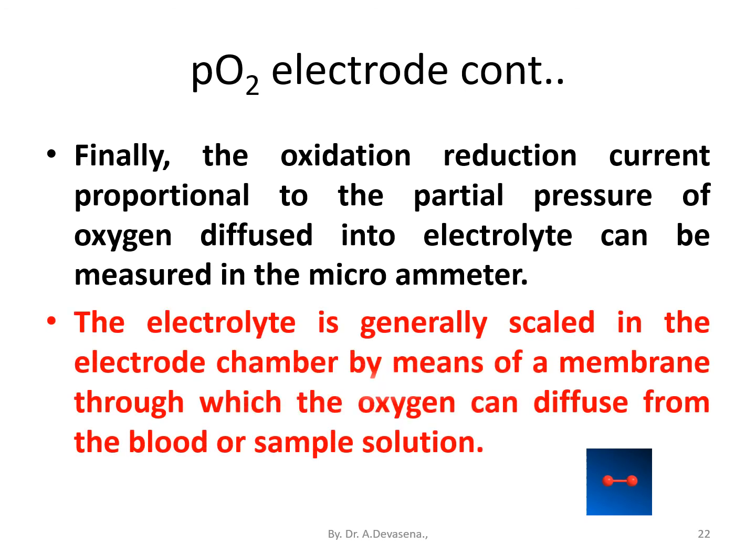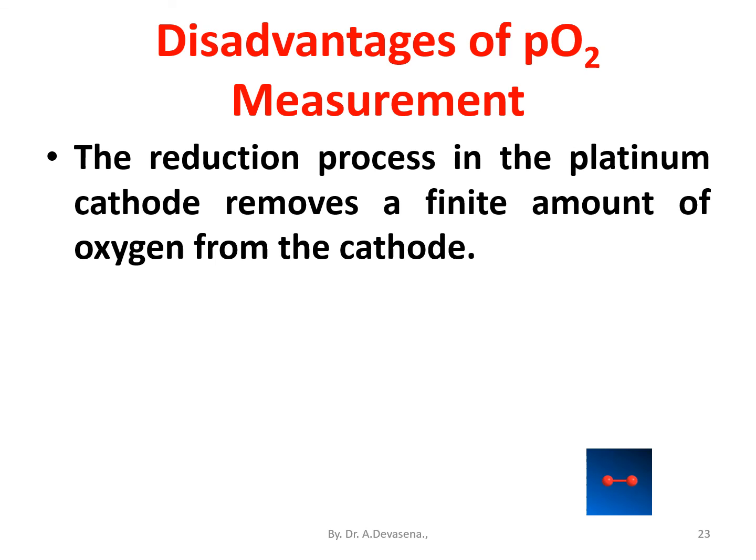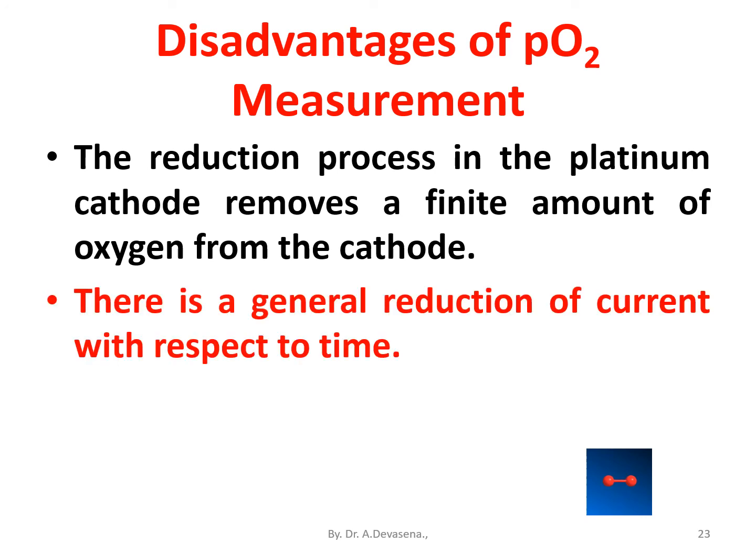The electrolyte is generally sealed in the electrode chamber by means of a membrane through which the oxygen can diffuse from the blood or sample solution. Disadvantages of PO2 measurement. The reduction process in the platinum cathode removes a finite amount of oxygen from the cathode. There is a general reduction of current with respect to time.